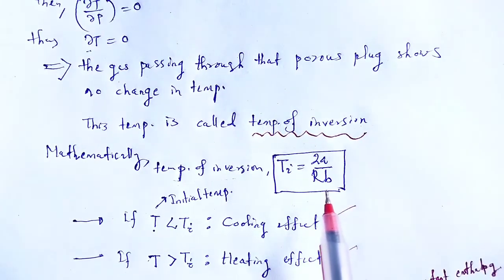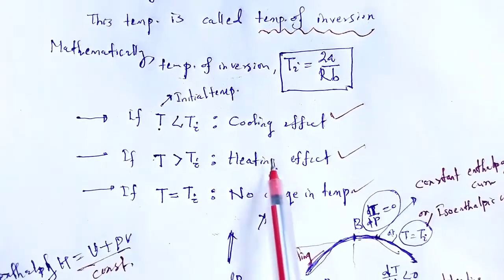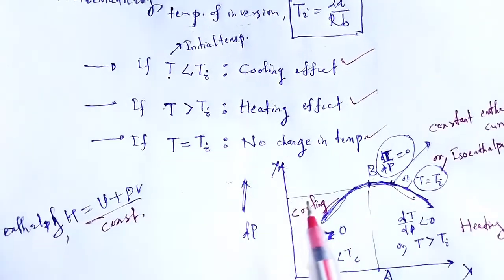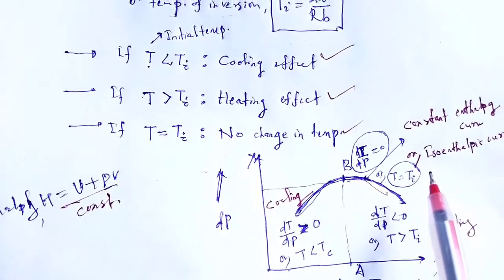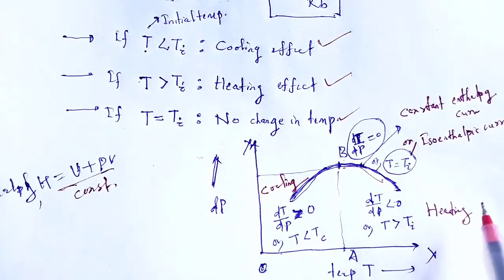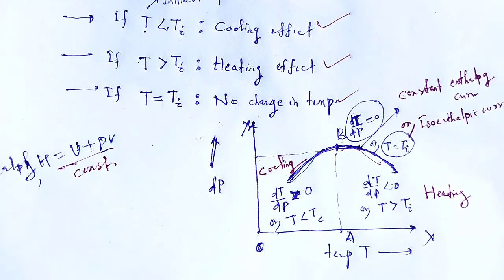Now, with the help of the isoenthalpy curve, we can easily show how cooling effect, heating effect and no change in temperature occurred.